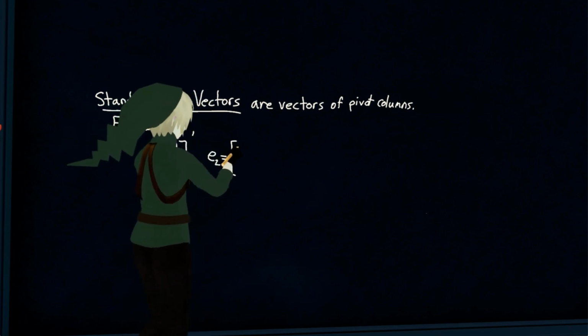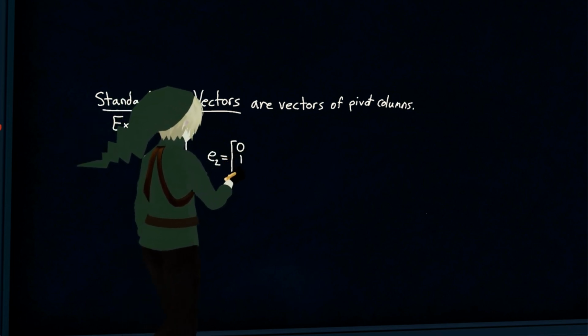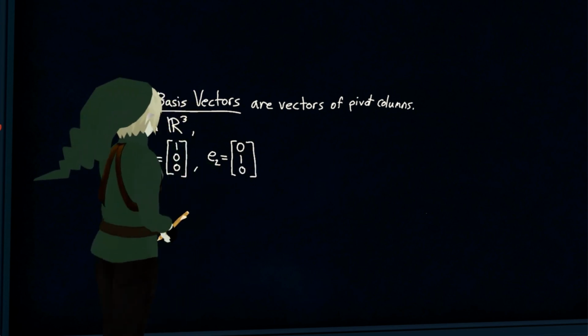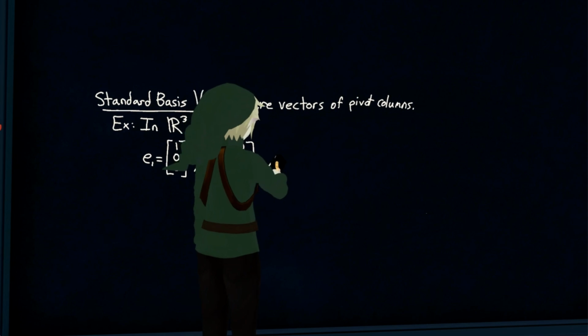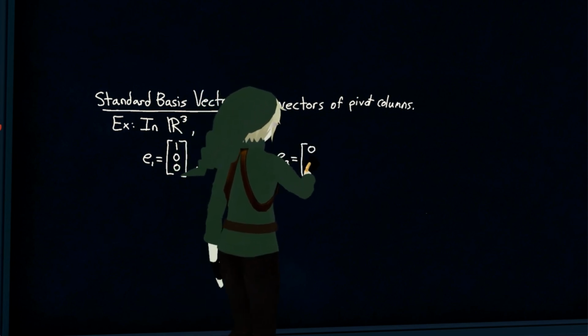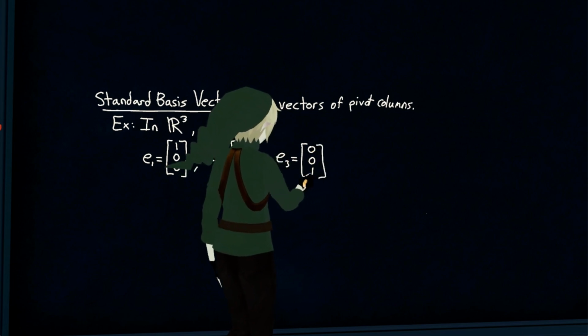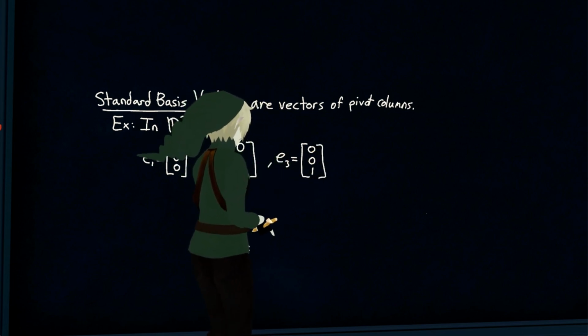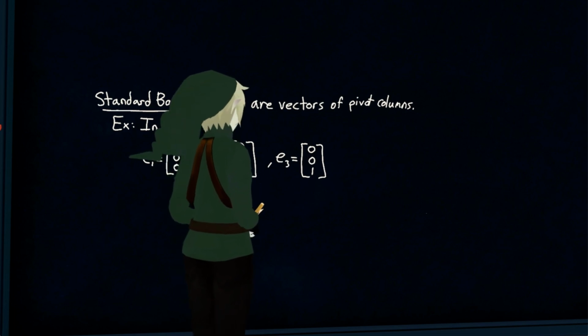Right? E2 is the second leading one. And then E3 is the third leading one, right? So that's what these E equals.